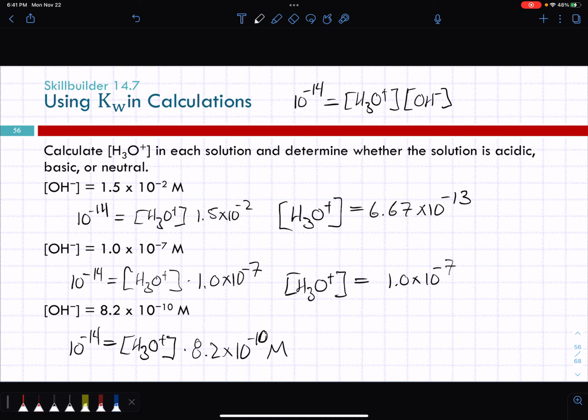So 1e to the negative 14 divided by 8.2e to the negative 10 is 1.2 times 10 to the negative 5.